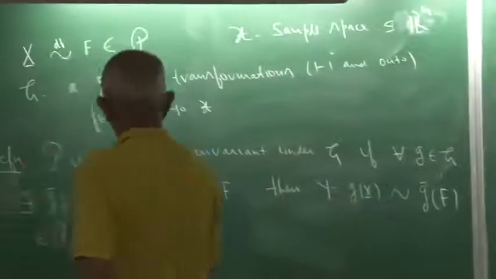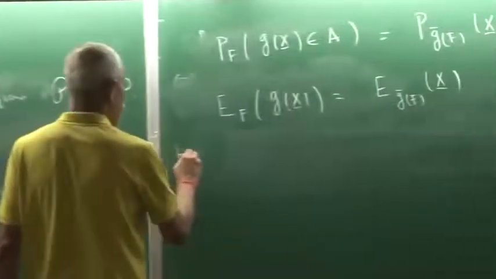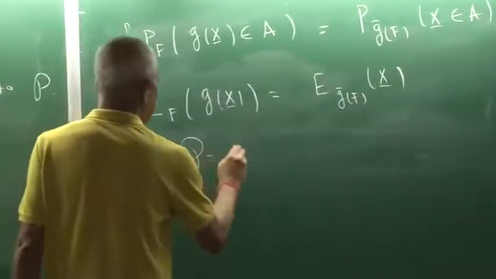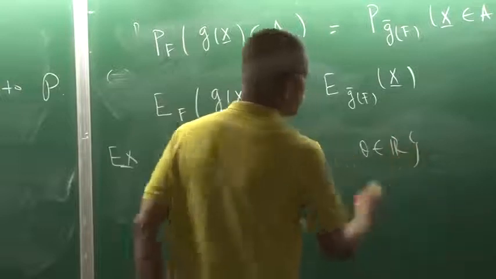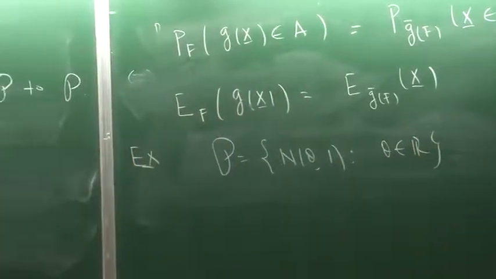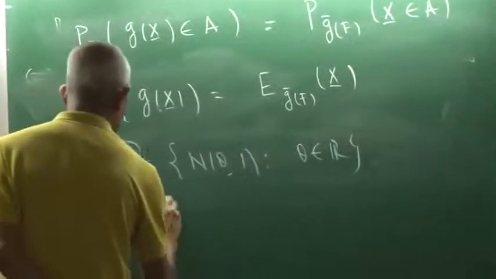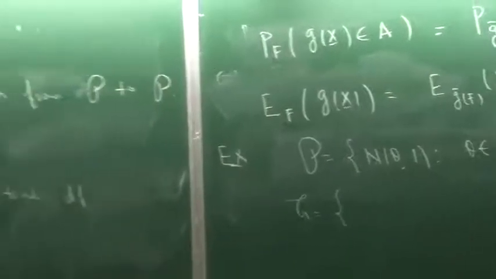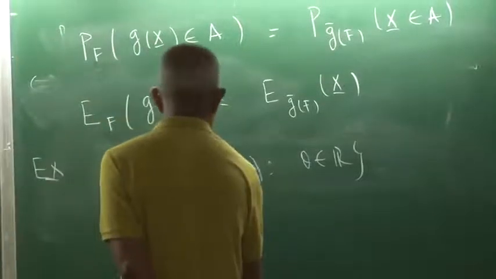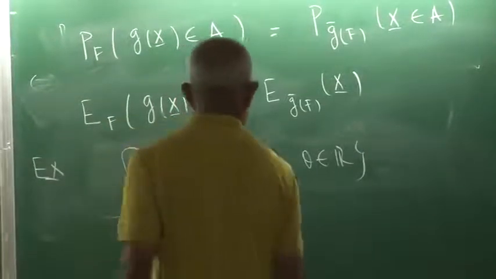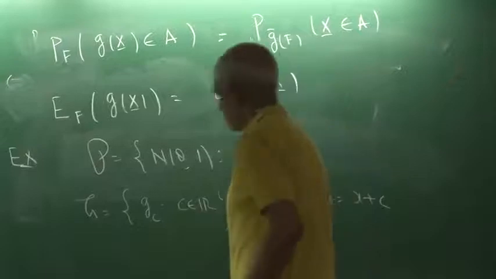Now if you want to see one example, let us look at P as normal theta 1, where theta is in R. I consider my G as g_c, c is in R, and what is my g_c x? x plus c.